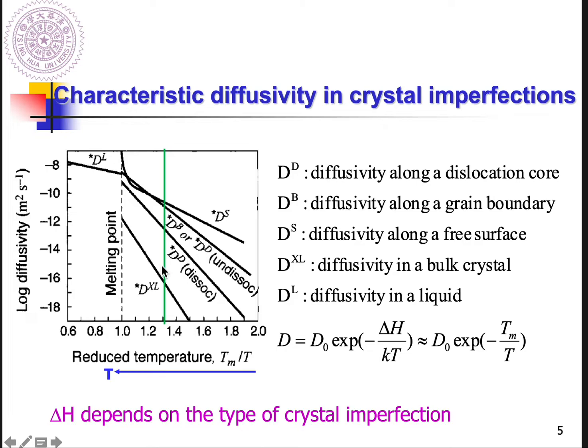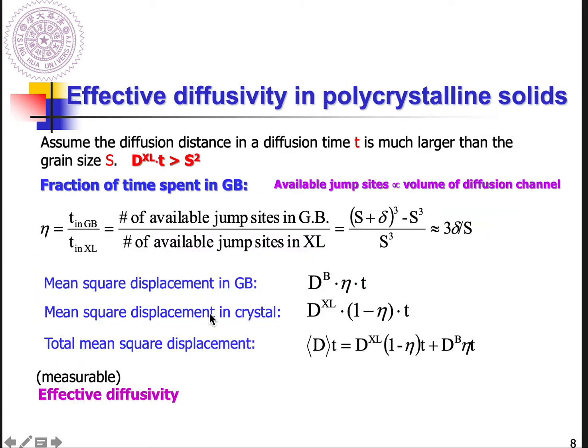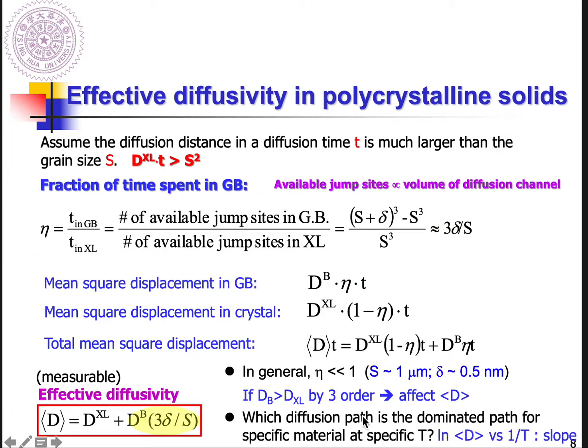And based on the energy, you can estimate what kind of diffusion mechanism dominates in this region and also in this region. Okay? So this is the way you have a chance to know more about the diffusion mechanism involved in your materials.